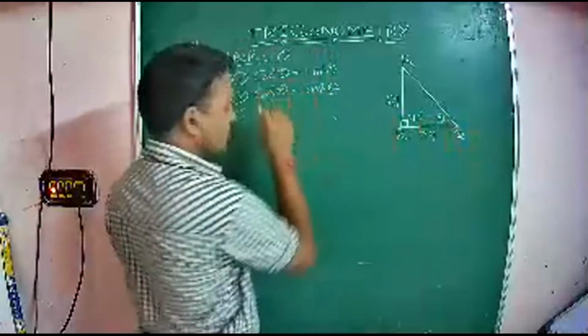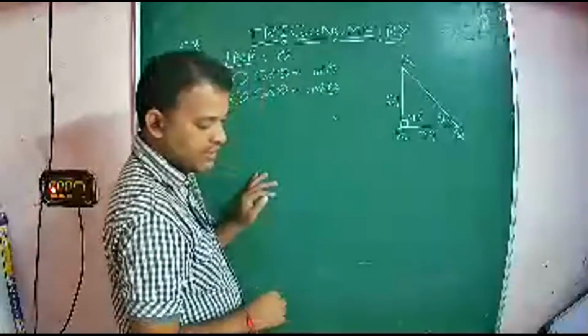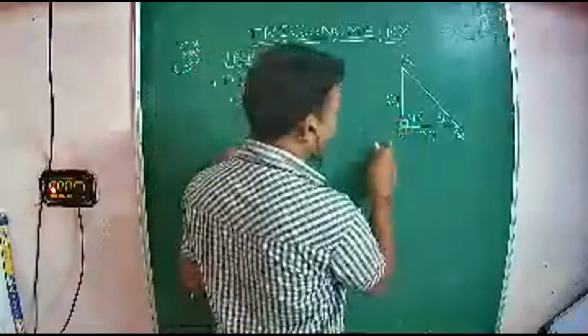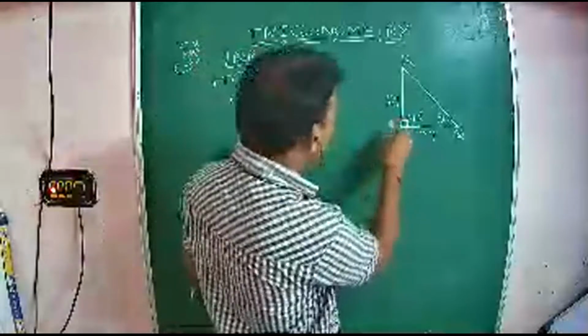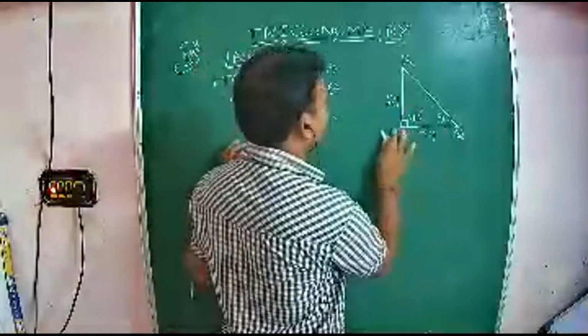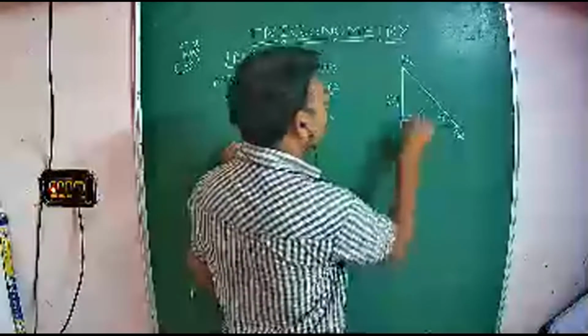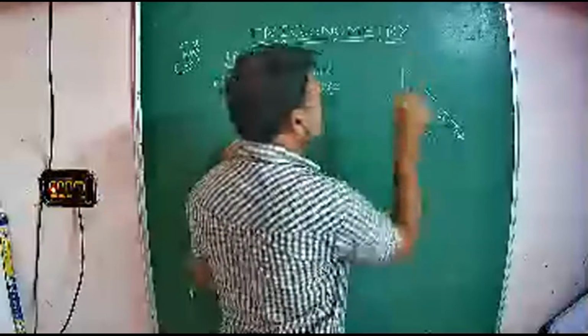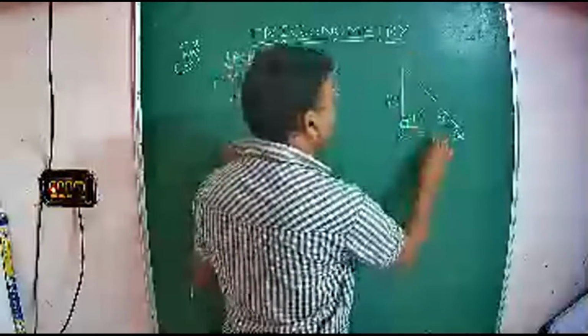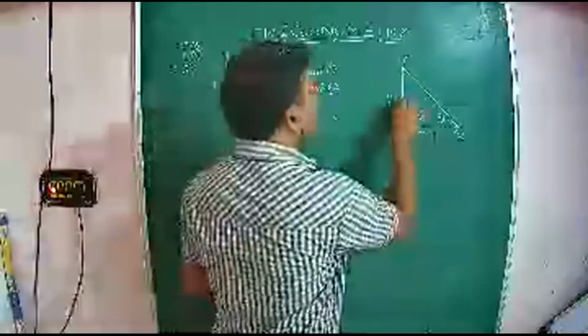Now according to the problem, QR is given. QR is how much? QR is 21. This is R, this is P. QR is given 21, and next PQ is equal to 29. So this is the question, right?